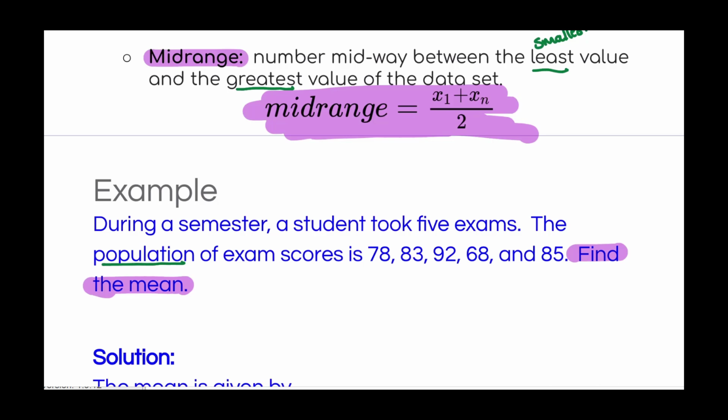But they might not always use the word population here. They might just say during a semester, a student took 5 exams. The exam scores were 78, 83, 92, 68, and 85. And it would be up to you to figure out that that is a population.